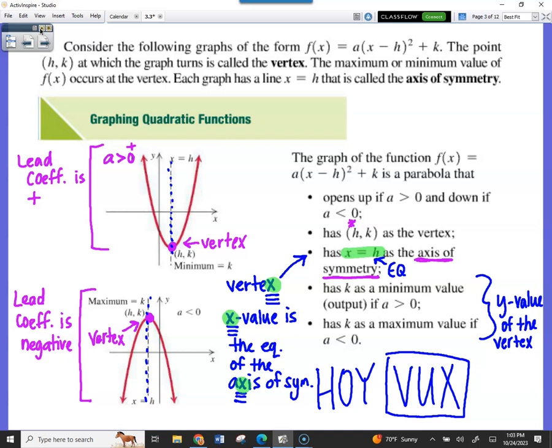So, over here to the right is giving you a summary of all the properties of a quadratic. You have, if it's opening up, A is positive. If it's opening down, A is negative.